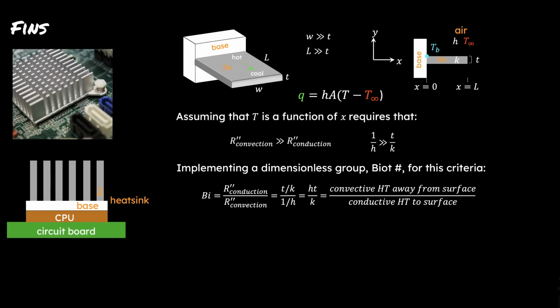That is, the Biot number provides a ratio of the convective heat transfer away from a surface divided by the conductive heat transfer to that surface. This means that our assumption that T is a function of x alone requires that the Biot number is much, much less than 1. Typically, we'll set the cutoff at 0.1.